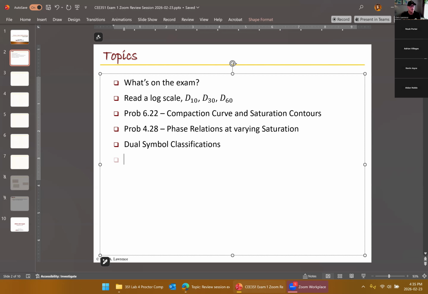Draw a phase diagram and, given a little bit of information, calculate and determine all these other values. You should be very well practiced, solid, confident and comfortable knowing how to solve those kinds of problems.